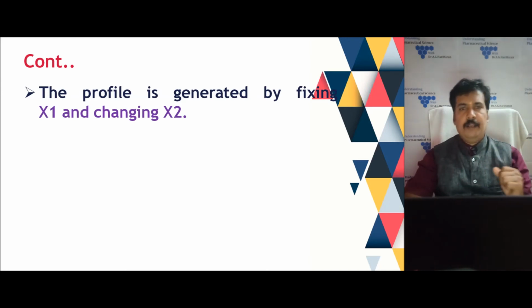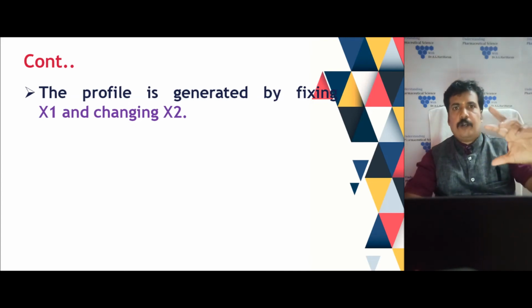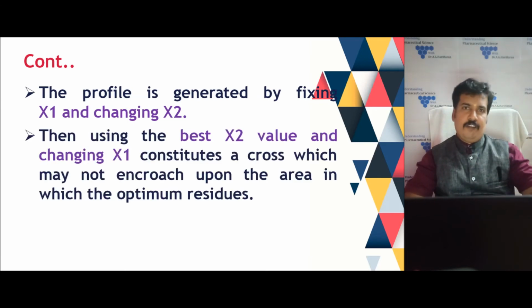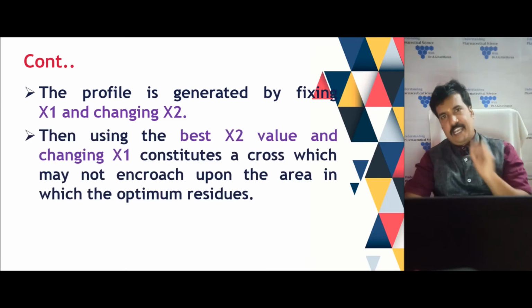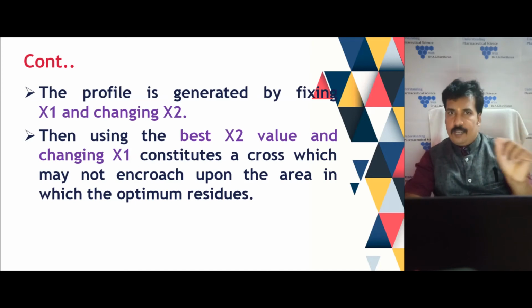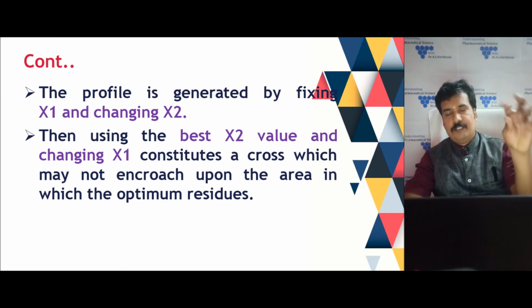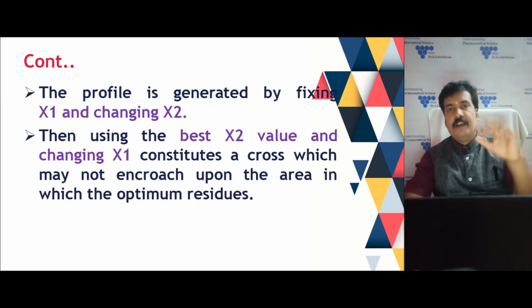For example, we take 2 variables, consider x1 and x2. I will fix x1 and change x2. Once I have plotted it, I find the maximum product yield for fixed x1 and varying x2, similar to the classical method.